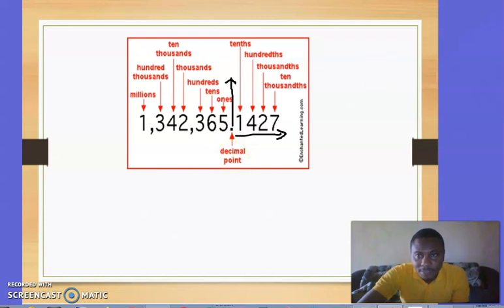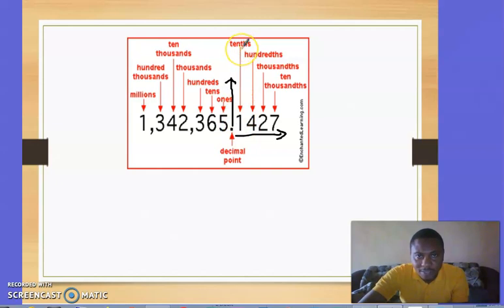And decimal numbers are actually fractions, so we don't call this 1, we call it 0.1. This is 0.14, 0.142, 0.1427.